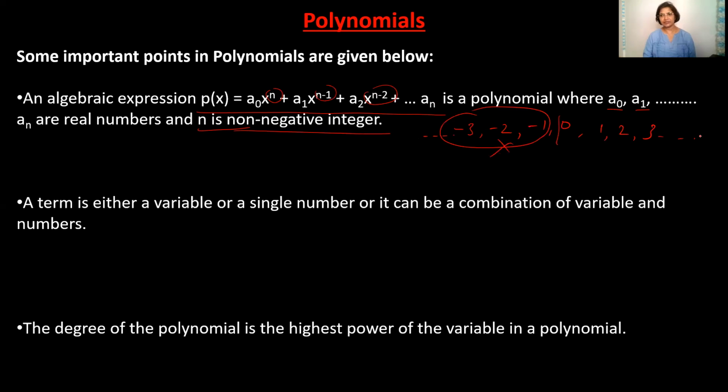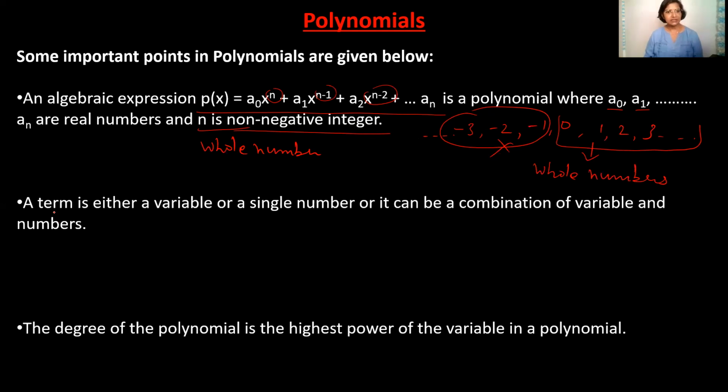Only these you have to use. So what do we call these? These are whole numbers too. We already learned in the number system, these are the whole numbers. Or you can say the exponent of the variable could be a whole number. Whole number means negative integers could not be there.